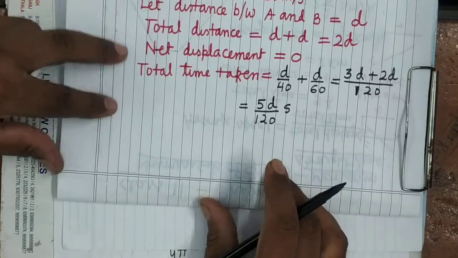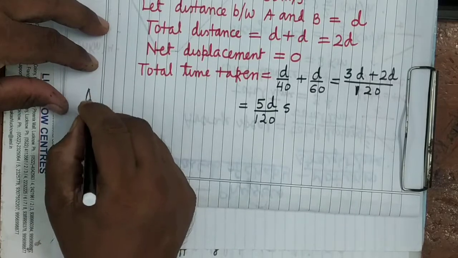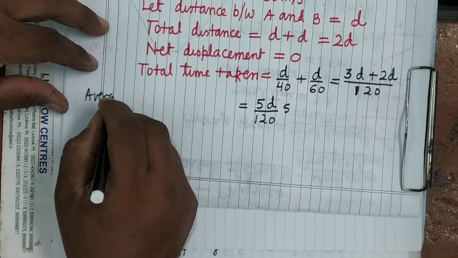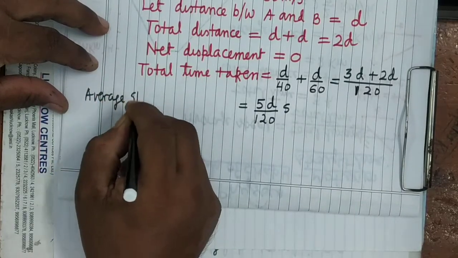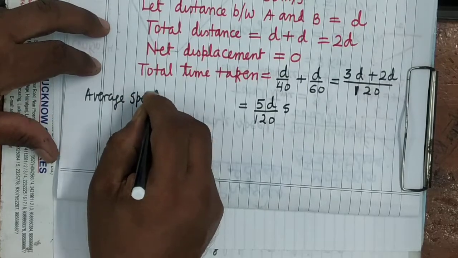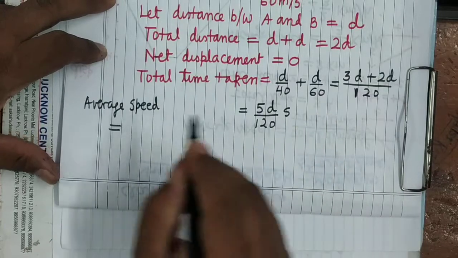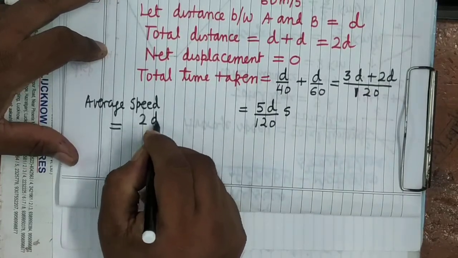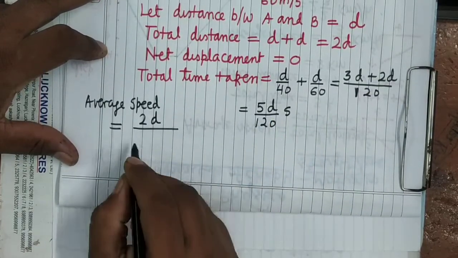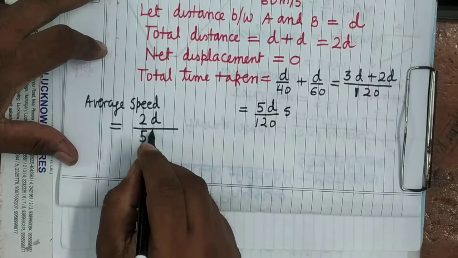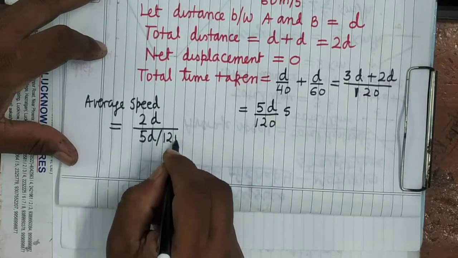As we know, what is average speed? Already I have written the formula, so now I am not writing. Average speed is total distance, that is 2d, upon total time taken, that is 5d upon 120.